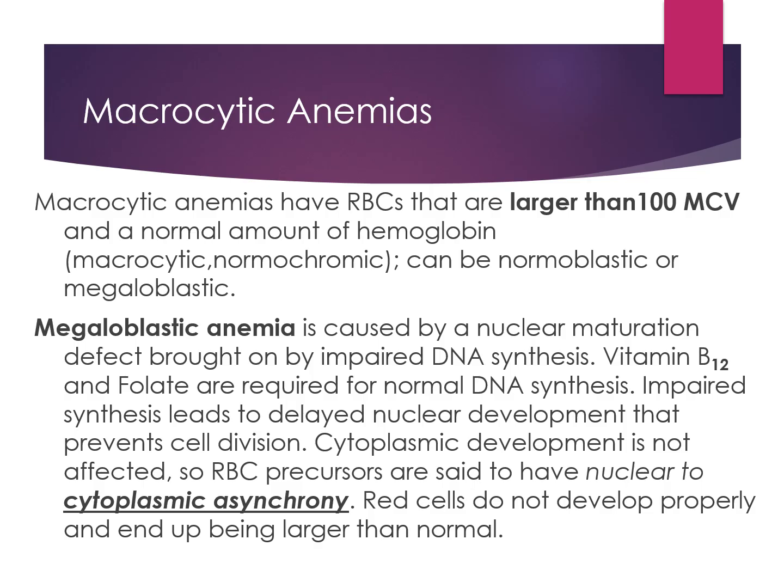Okay, so as I mentioned, macrocytic anemias typically have red blood cells that are larger than normal, with an MCV greater than 100 and a normal amount of hemoglobin. So macrocytic normochromic. But the funny thing about macrocytic anemia is that there can sometimes be things happening within the production of red blood cells that can be associated with different conditions or different deficiencies.